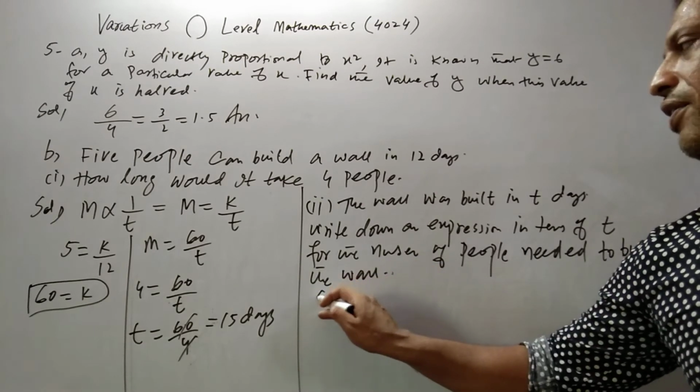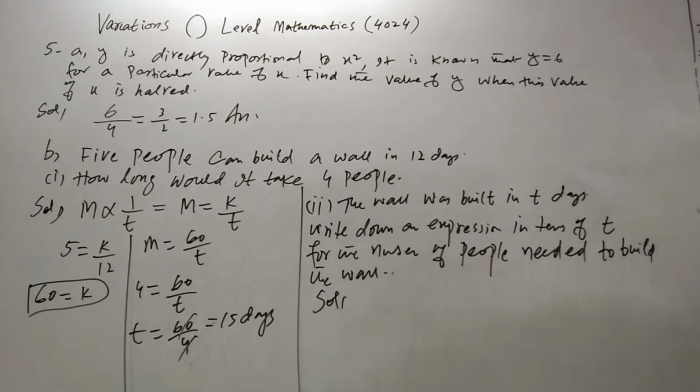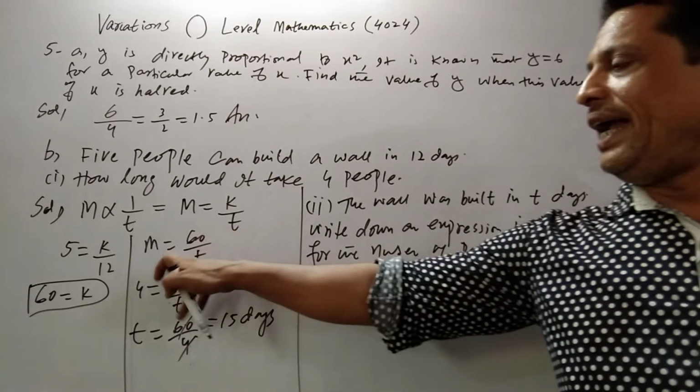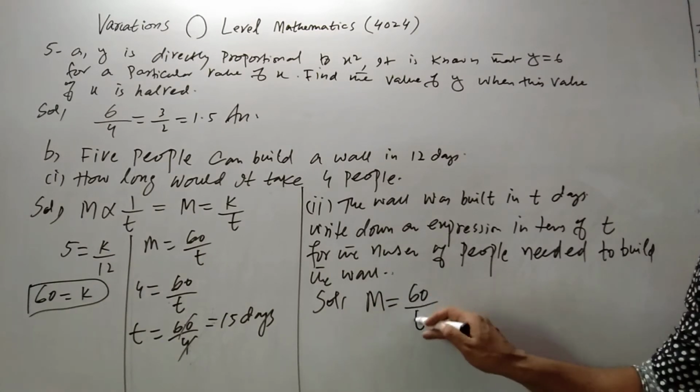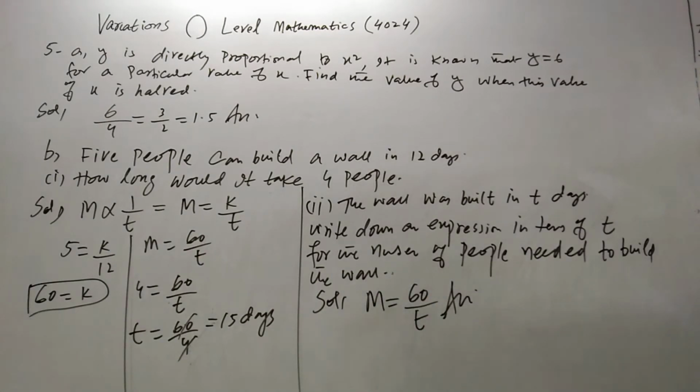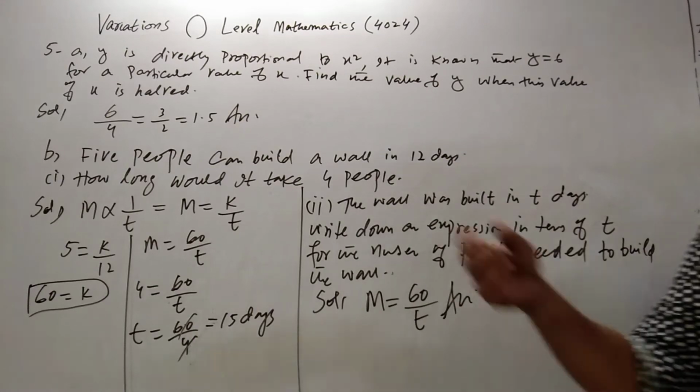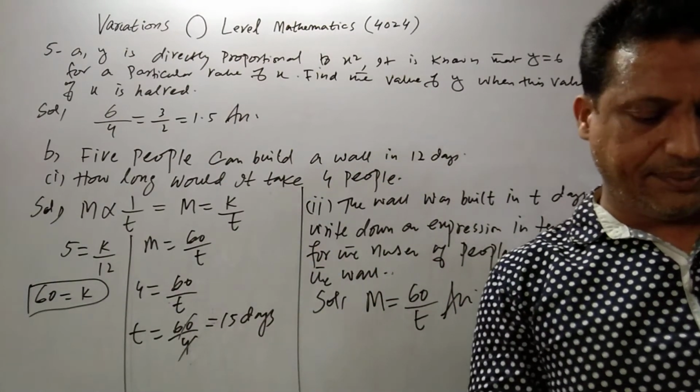We have already found the solution. What is the relation which relates the number of people and time? The relation is m is equal to 60 upon t. This is our answer. We already found it in part 1 because we needed this relation.